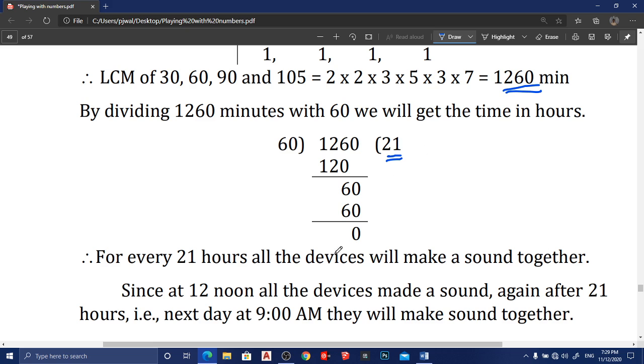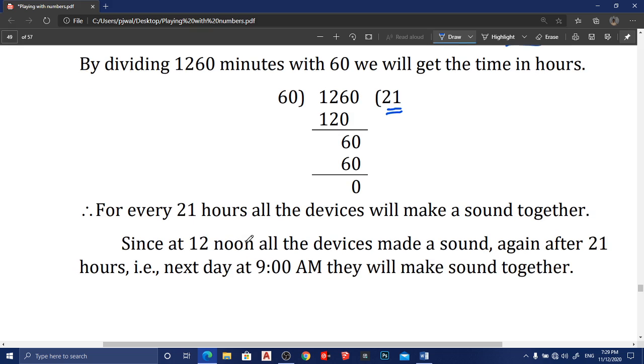Since at 12 noon all the devices made a sound, after 21 hours, which is next day 9 a.m., they will make the sound together again.